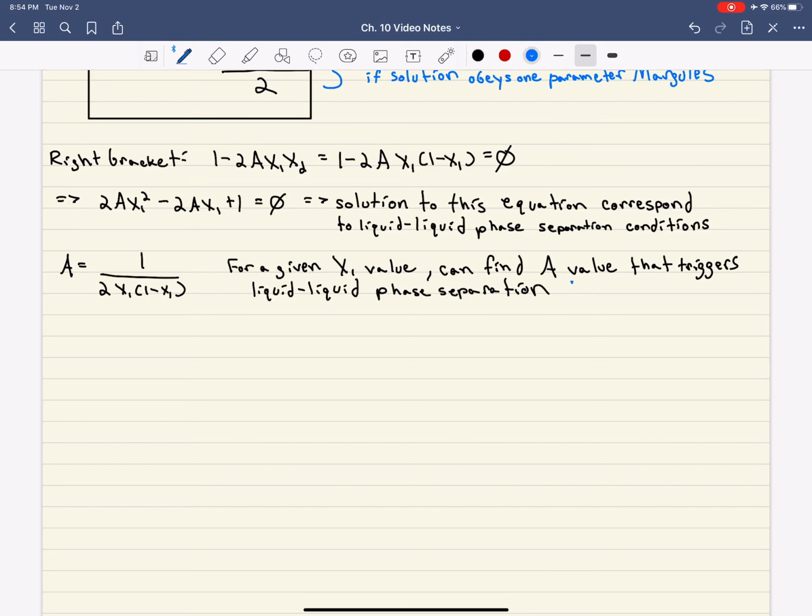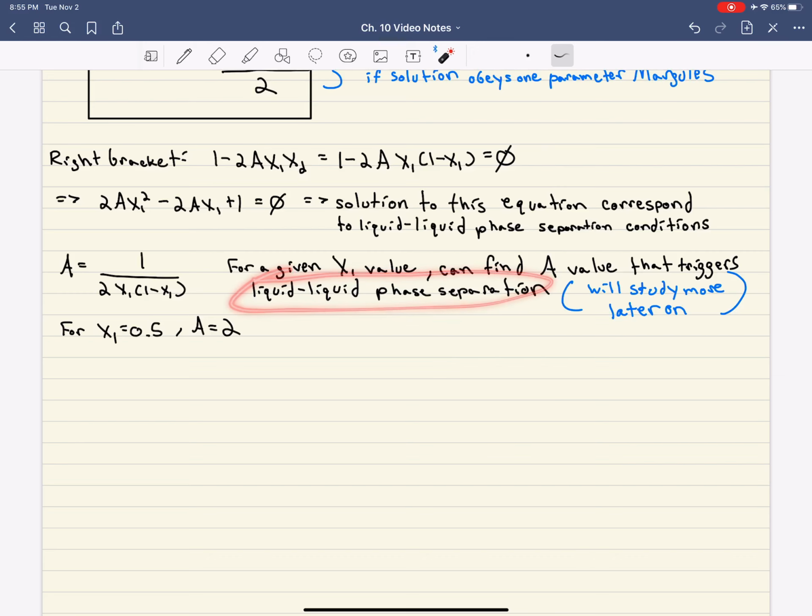And for now, I'll just say that the next series of videos will focus exclusively on this. Okay. But just to give you an idea of how this equation would work, if we plugged in a mole fraction of 0.5, we would find that this critical A value would be 2. And so if our A value has a magnitude of 2 or greater, then we would have liquid-liquid phase separation in our system.